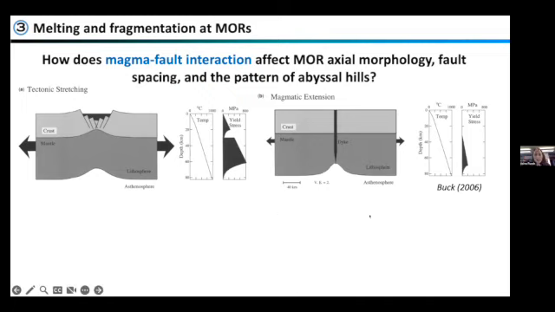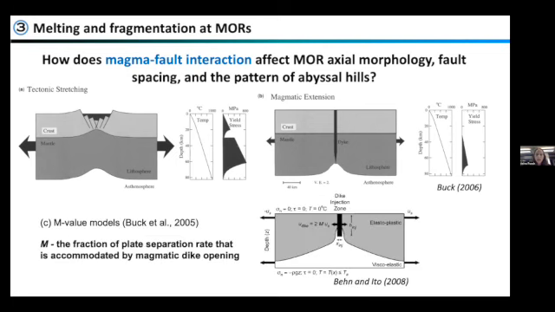On the other end we have magmatic extension, which suggests that any extension of the ridge axis is accommodated by dike intrusions. So in one case, tectonics drives the dynamics, and in the other, magmatism drives the dynamics. And of course, there are observations in favor of both models.